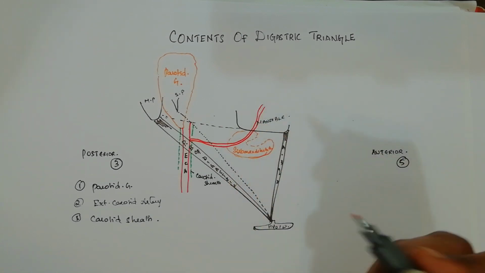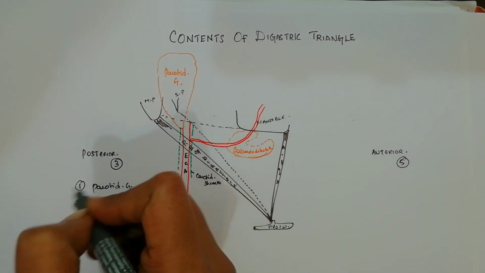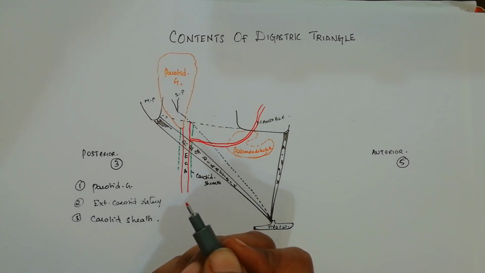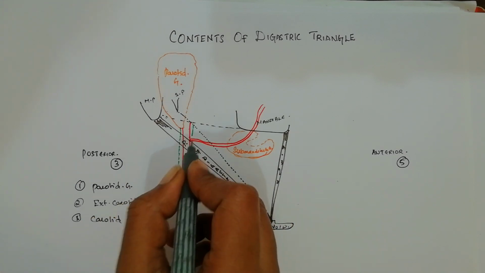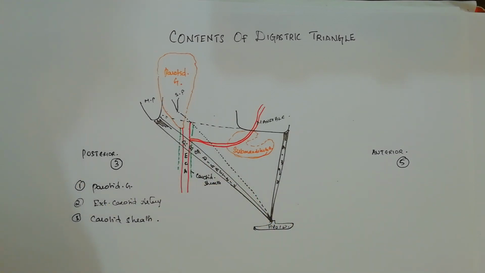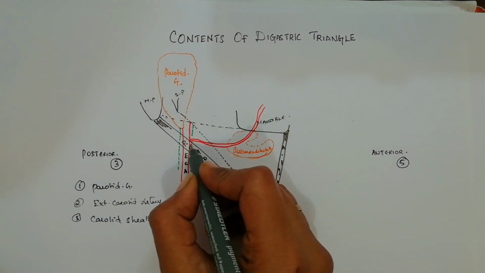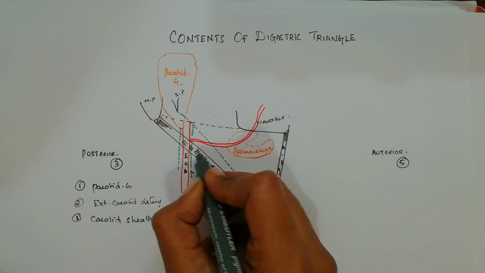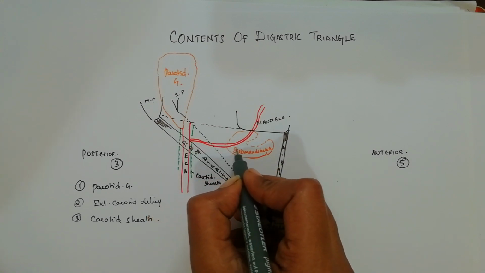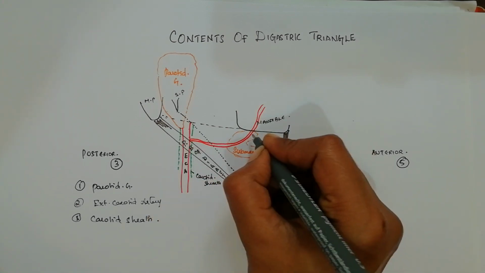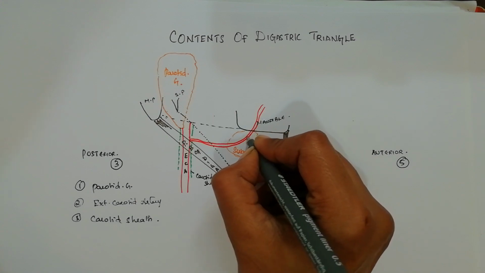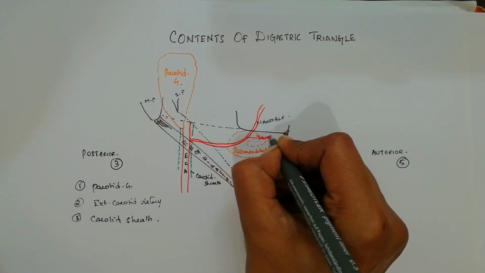The external carotid artery gives 8 branches. One among that is the facial artery, which is the third branch. This facial artery is given from the external carotid artery towards the anterior aspect. So we have got the second structure as the facial artery.